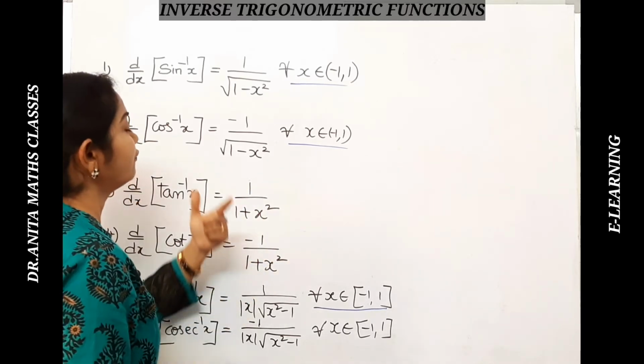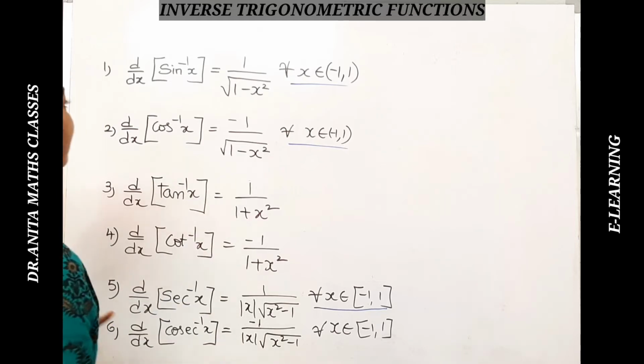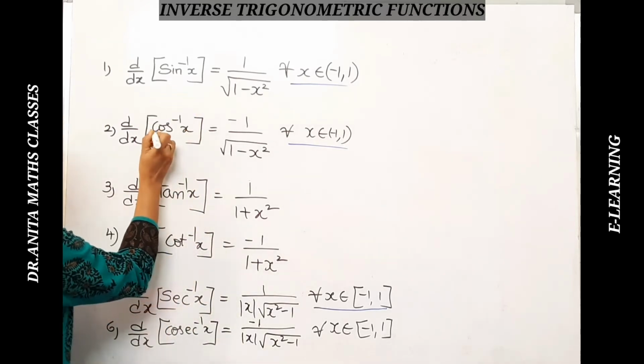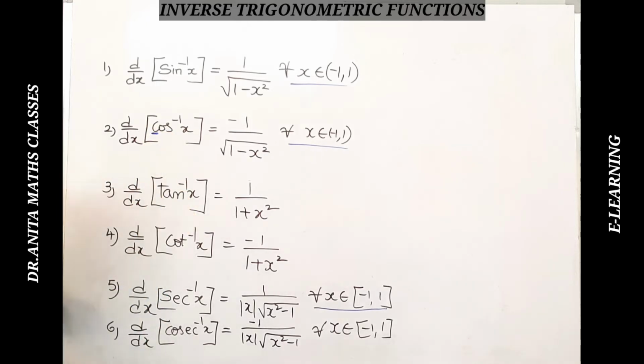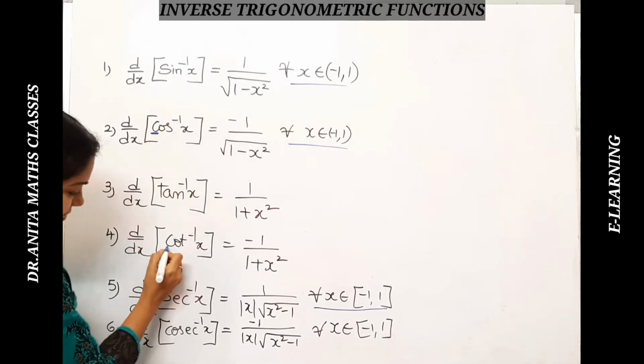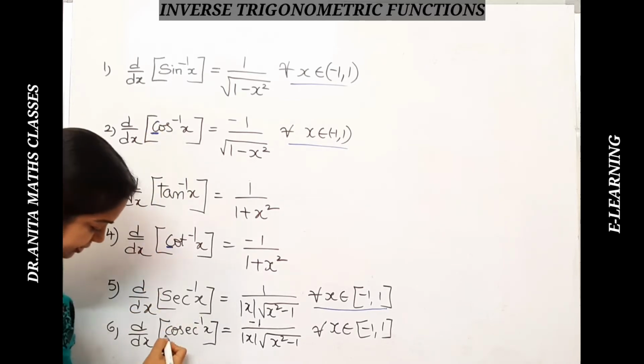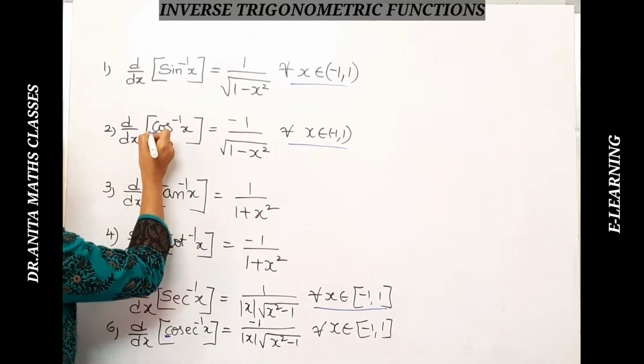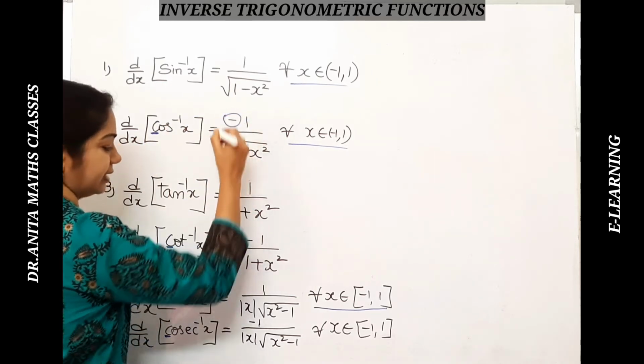And one more thing, for you to quickly remember the formulas: as in the trigonometric functions also, for cos, cot and cosecant, where there is a c, we get a negative sign.